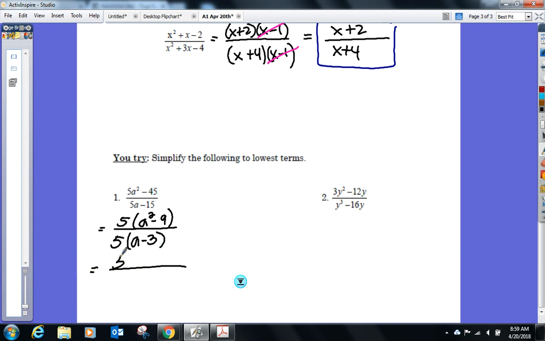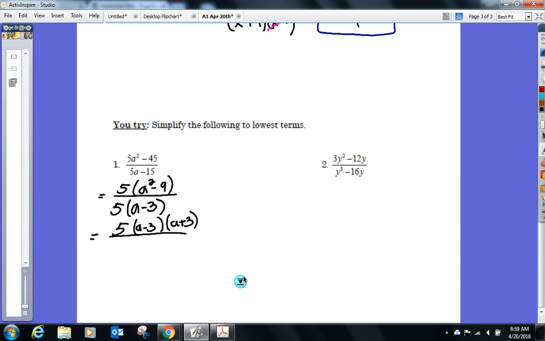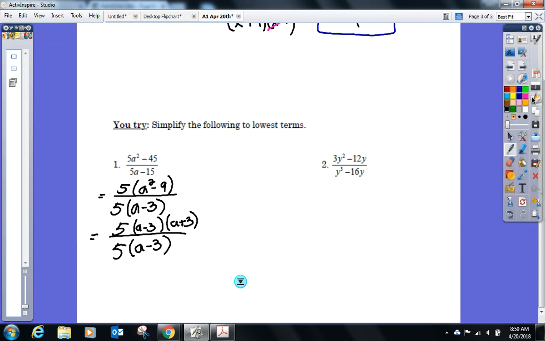So keep the 5. What's a squared minus 9 going to be? A minus 3 and a plus 3. Got it? All over 5 times a minus 3. Yes. So be careful. You may have to factor more than once. All right. What do you want to cross out now is the question.